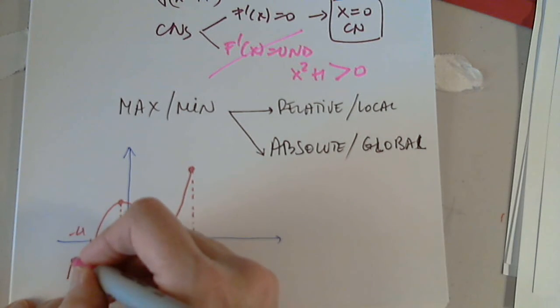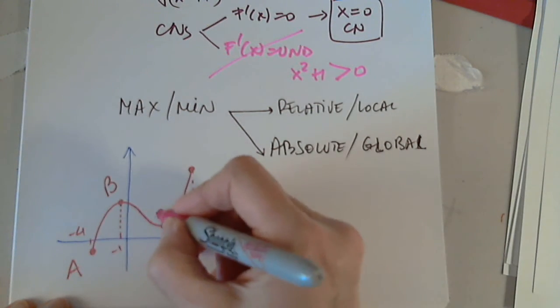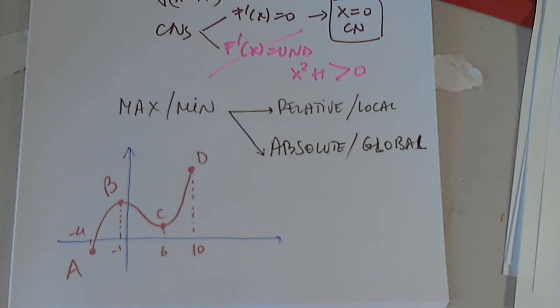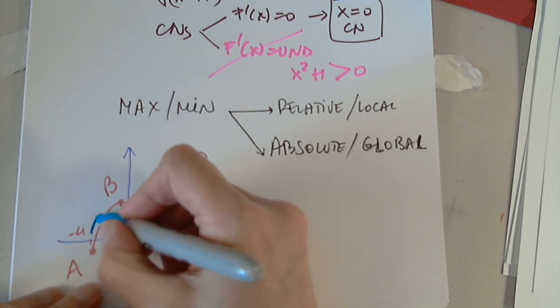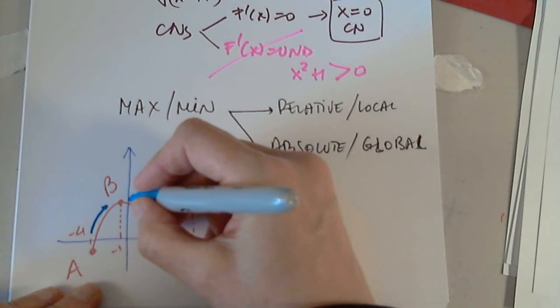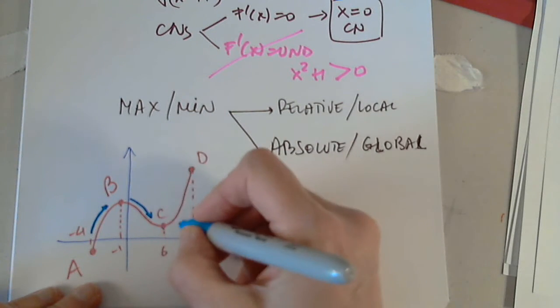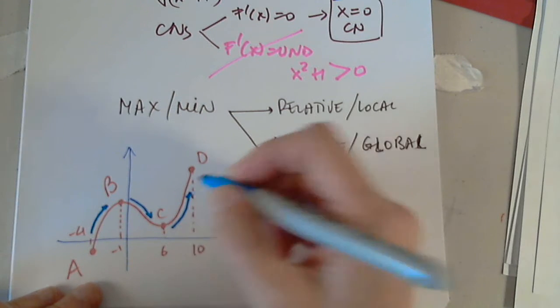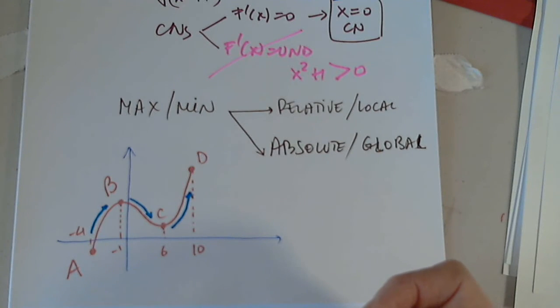I'm going to call these points A, B, C, and D. Okay, I'm looking at this function, and this is what I see. And I hope everyone sees the same thing.